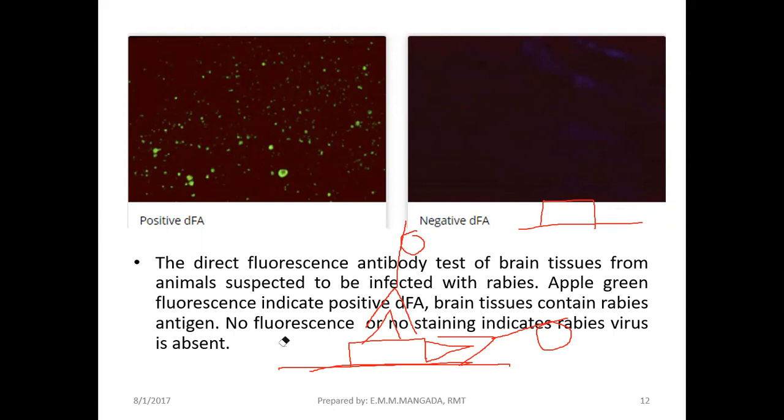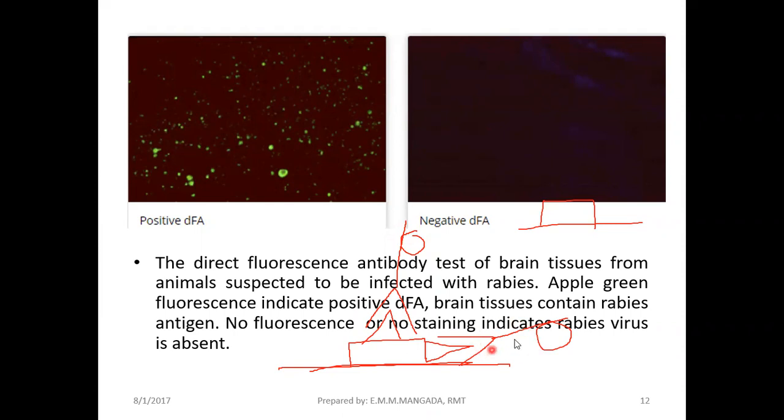But if the tissue is containing antigens, rabies antigens, again sabi natin the antibodies will bind these antigens, and if you're going to view it under your fluorescence microscope, makikita mo yung apple green fluorescence. Bakit may apple green?